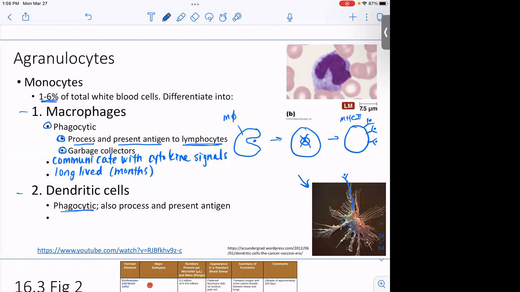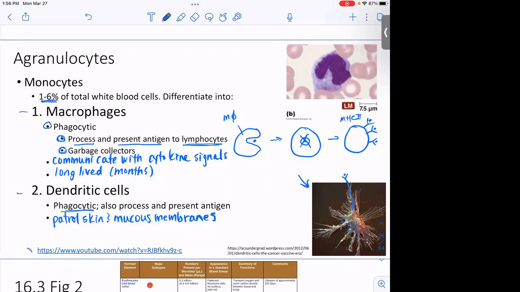That's going to travel through the lymph and present antigen to B cells and T cells. Dendritic cells are also a little bit more common. They're going to patrol the skin and the mucous membranes. Okay, so very common there.